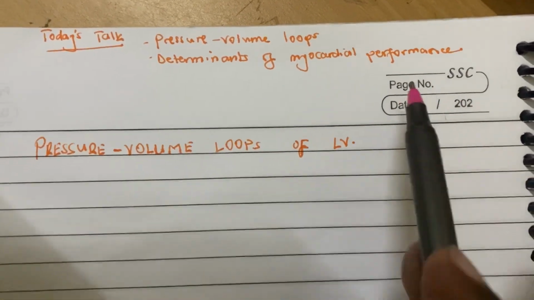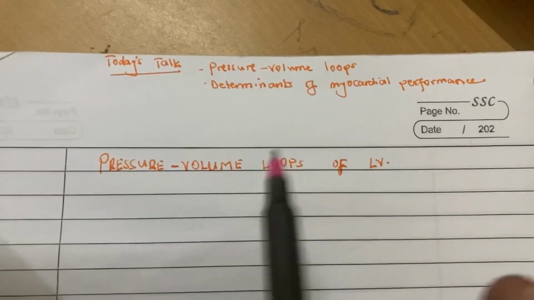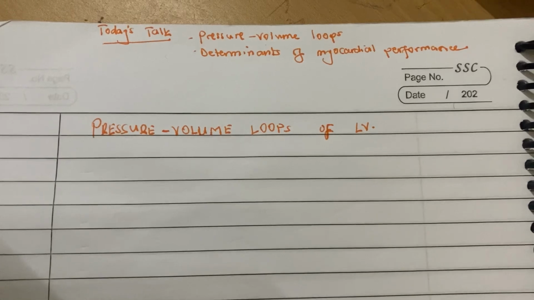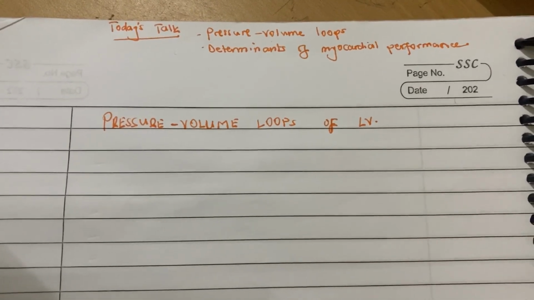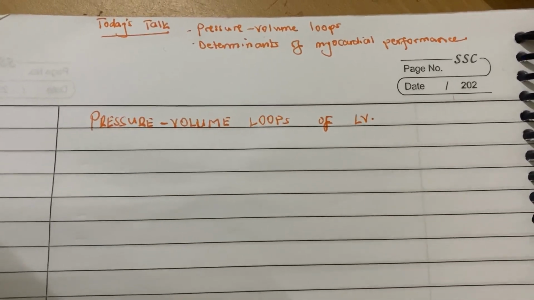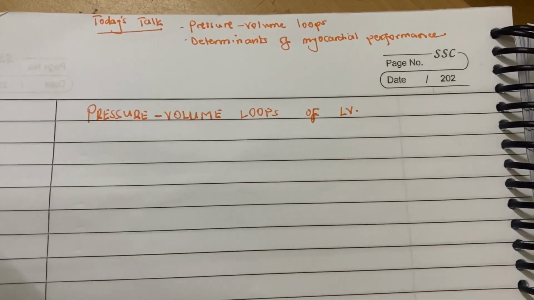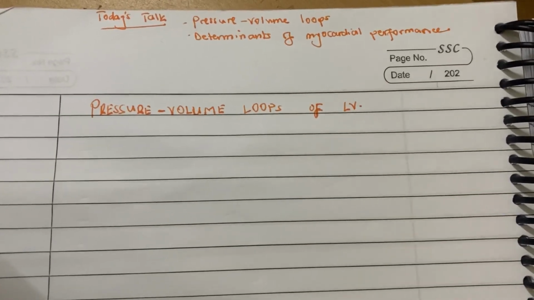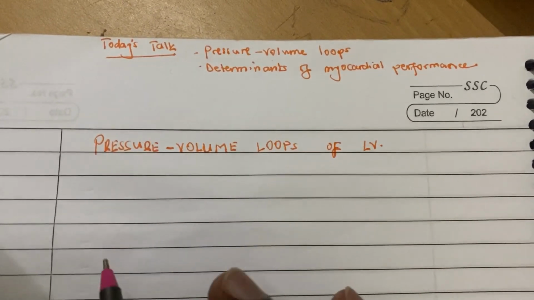For myocardial performance, we are concerned about the LV today. For pressure volume loops, we are looking at that of the left ventricle because it is the most important. The right ventricle is also important, but not as much as the left ventricle. Whenever the left ventricle fails, the patient can die. The time it takes for the patient to die is shorter compared to when the right side has failed. But both of them are important.